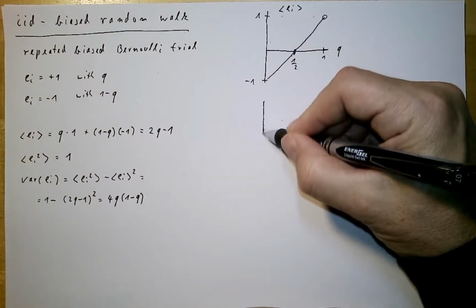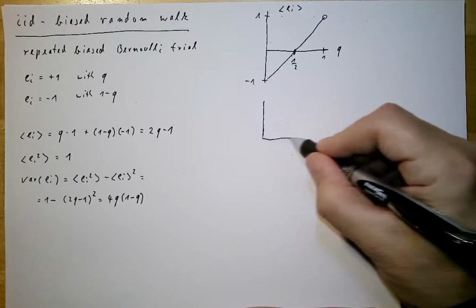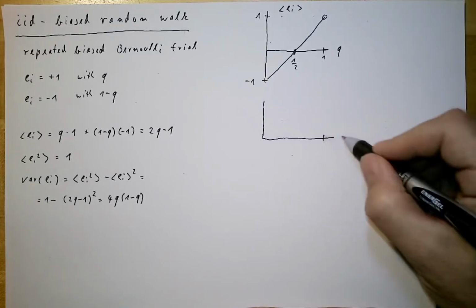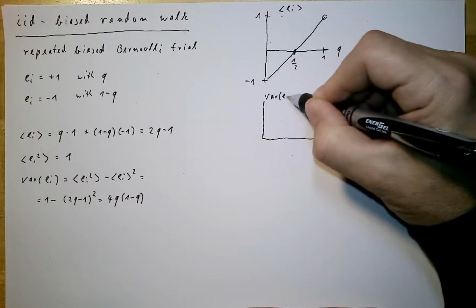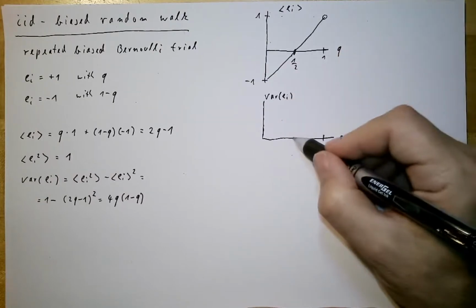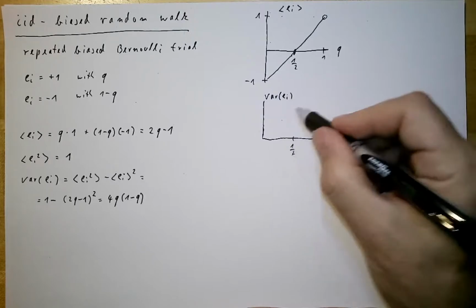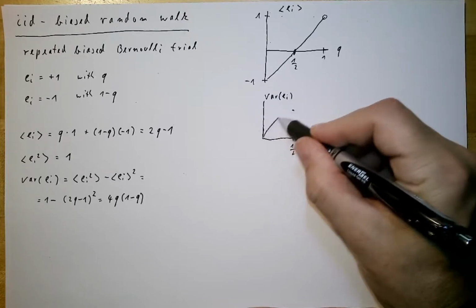So if we plot the variance of our increments, this is a quadratic function.